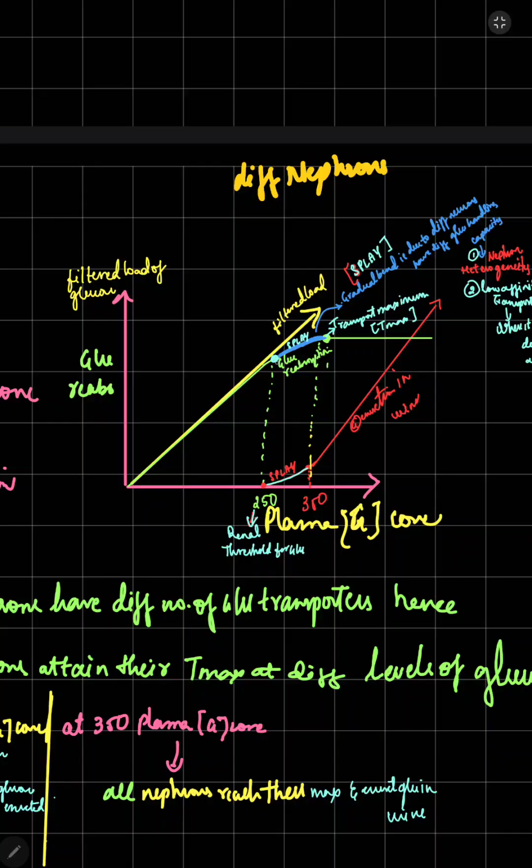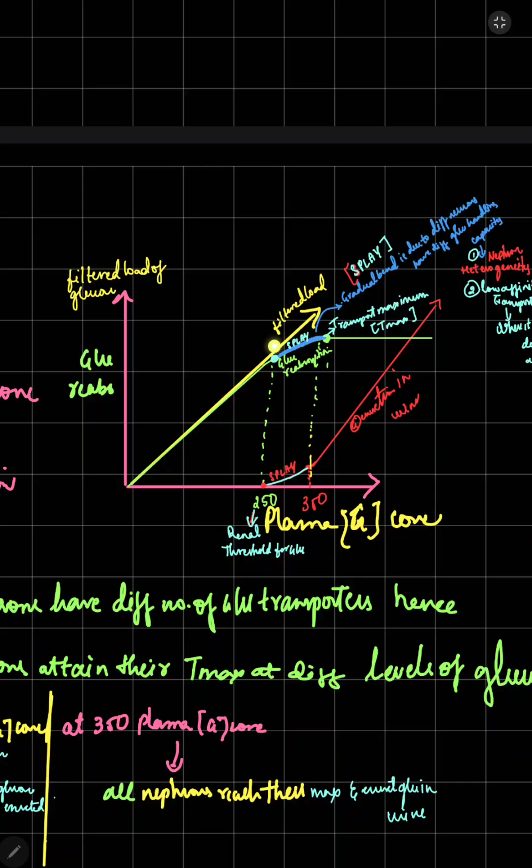So a few nephrons fail to absorb glucose when the plasma glucose concentration is 250, and hence glucose starts appearing in urine. This value where a few nephrons fail is known as the renal threshold for glucose. And then there is a slight bend in the curve of glucose reabsorption.